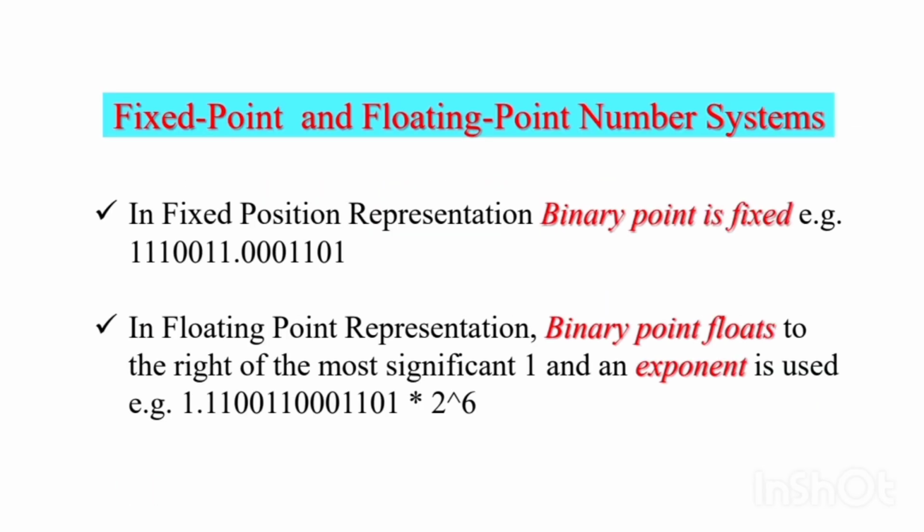That's usually the format of floating point representation. An idea about fixed point and floating point binary number representations is shown here. In the first example we have a fixed number with a fixed binary point. In the second example the same number is rearranged as 1.110011001101 times 2 raised to 6.